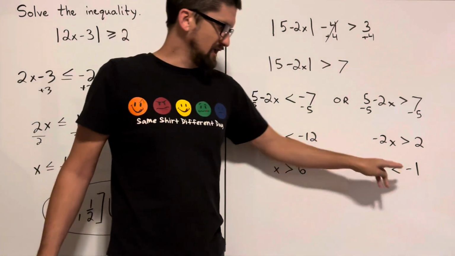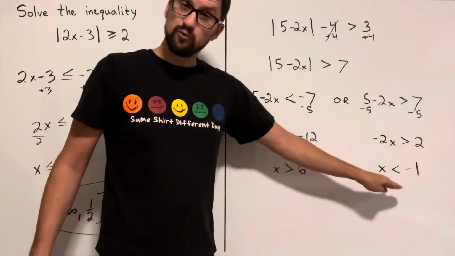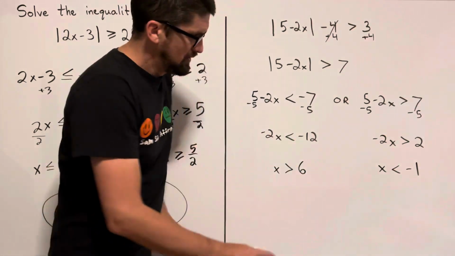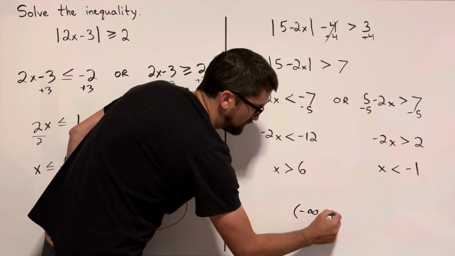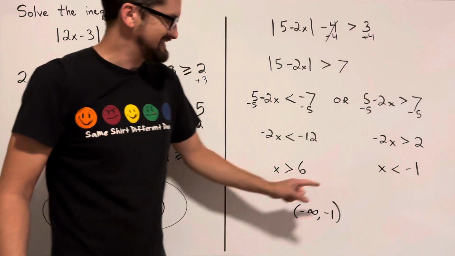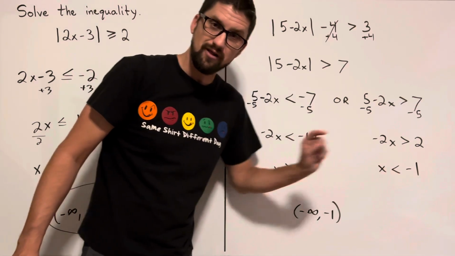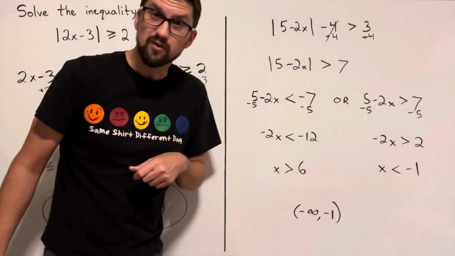Now if you think about a number line, negative 1 is to the left of 6. So if you're writing this in interval notation, you're going to write this one first. The interval for this one is negative infinity, comma, negative 1. We're going to use parentheses this time because there's no equal sign with the inequality. Like this one over here had an equal sign, that's why we use square brackets.